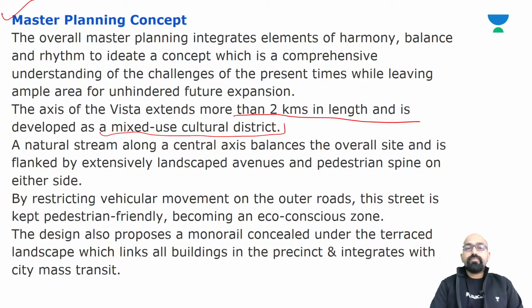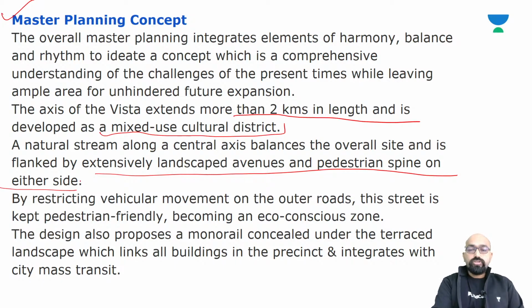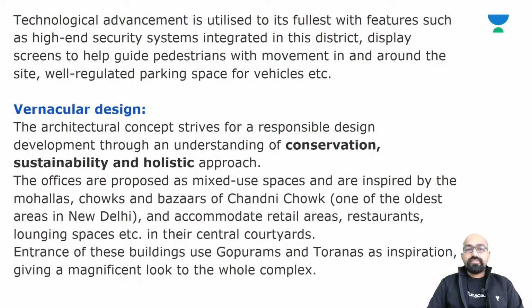A natural stream along a central axis balances the overall site and is flanked by extensively landscaped avenues and pedestrian spines on either side. So it's all about the features of the construction. By restricting vehicular movement on the outer roads, the street is kept pedestrian friendly, becoming an eco-conscious zone. The design also proposes a monorail concealed under the terraced landscape, which links all buildings in the precinct and integrates with city mass transits.